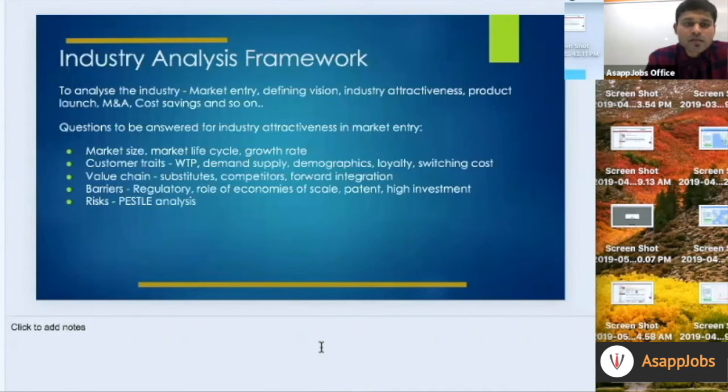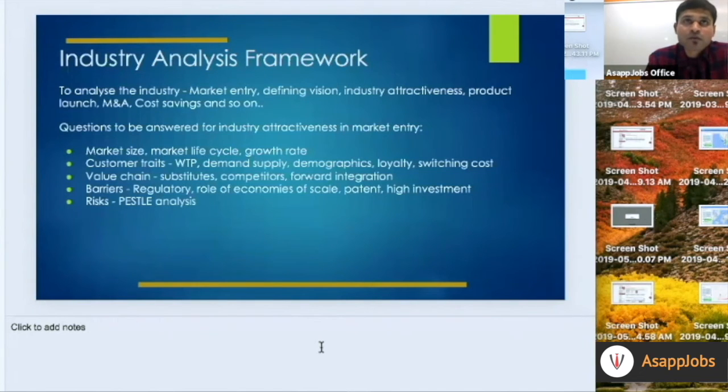Then the barriers: whether the industry is patent driven, or the industry is user driven. For example, it is very difficult to enter the social media market because there is a network effect barrier. Facebook has a lot of users, so there is this barrier. Then there could be a regulatory barrier. For example, it is very difficult to work in China because of regulatory barriers. Then there could be high investment required.